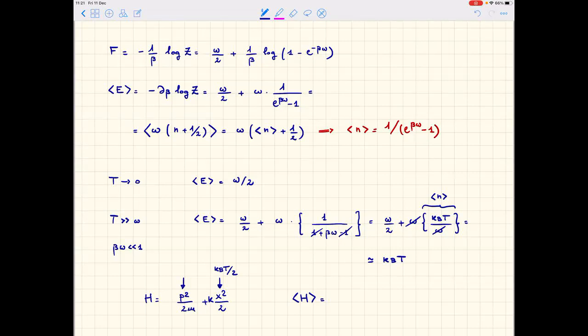Anyway, each quadratic term contributes kBT divided by 2 to the average. Now, since here I have 2 quadratic terms, the average energy is always equal to kBT. Classically, this is always true.